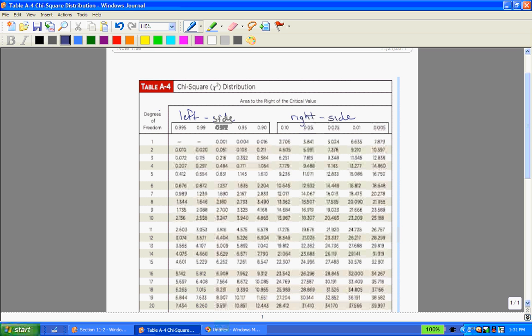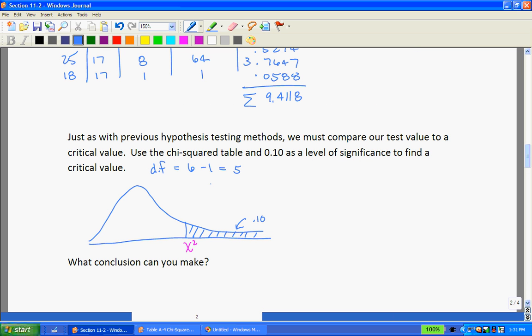So first I go and find my degrees of freedom, which was 5, and I go over to my significance level, which is 0.10, and here's my critical value right there, 9.236. So what that's telling me is back here to capture 10% in the tail, my chi-squared value has to be 9.236.